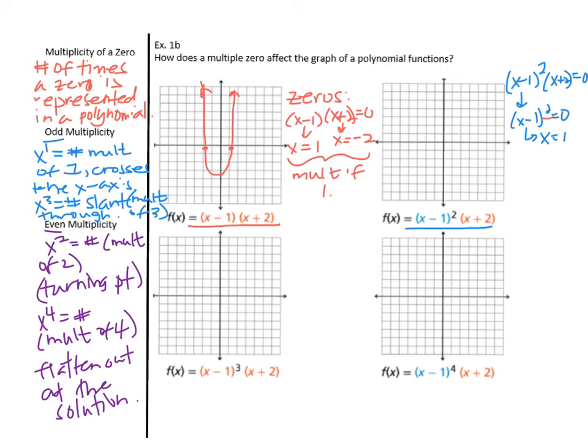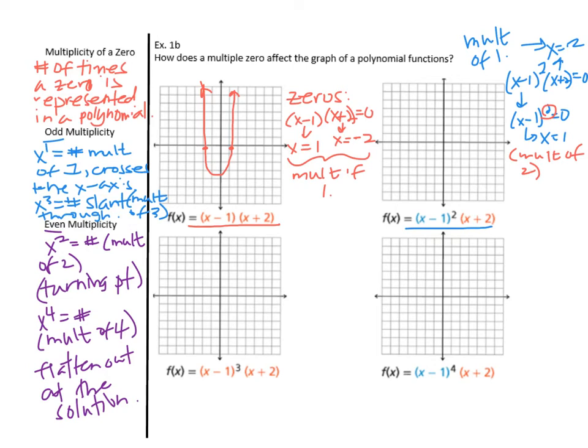Because of that 2, however, we would say it has a multiplicity of 2. And that means it's going to be a turning point. The other 0 would be at x equals negative 2, and that has a multiplicity of 1. Which, like the other example, just goes right through it.